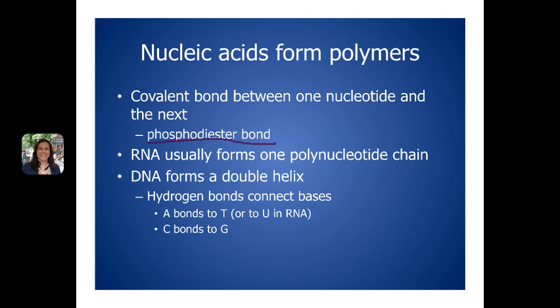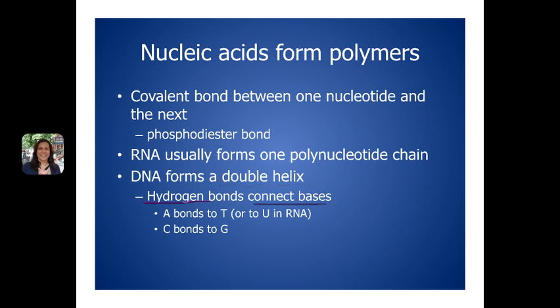In RNA molecules, we usually have one polynucleotide chain, while DNA forms a double helix with the two molecules connected to each other through the bases, and the bases are connected with hydrogen bonds between them. They're connected in a very specific way.